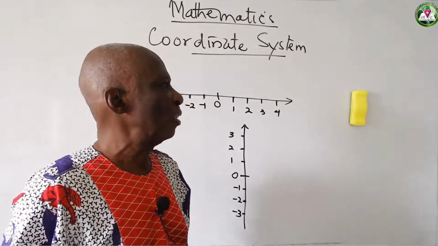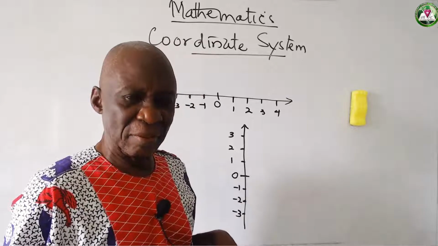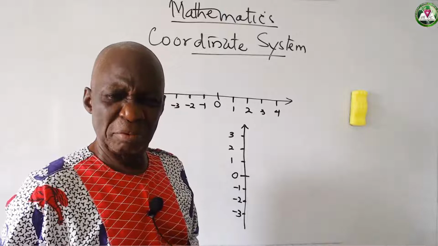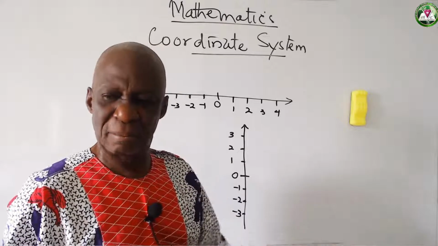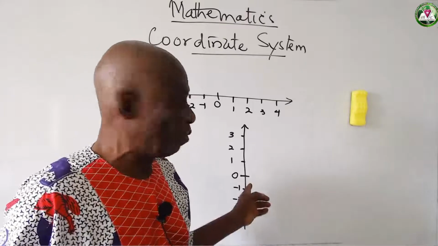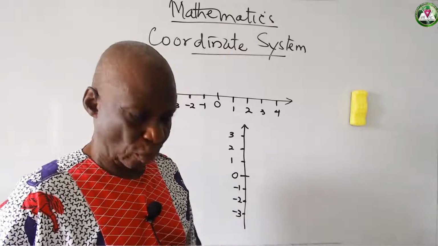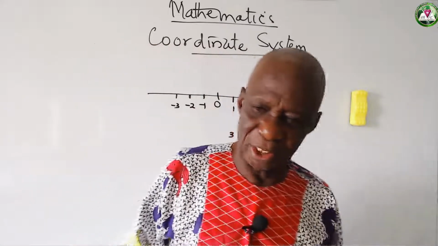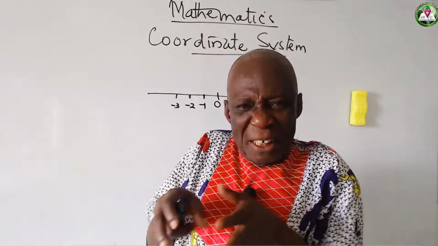For the horizontal, to the right, positive, to the left, negative. To the right, to the left, up and down, of what? Of the starting point. And what is the starting point that we have on the board here? Represented by the number 0. That is the starting point, or the origin. So, we must locate the place where we are starting.